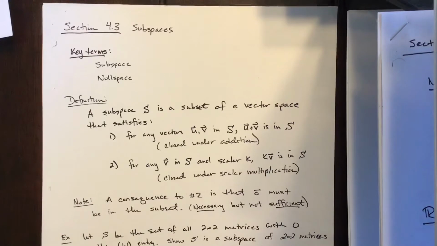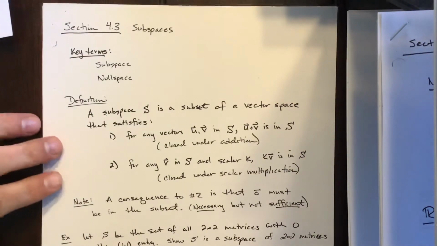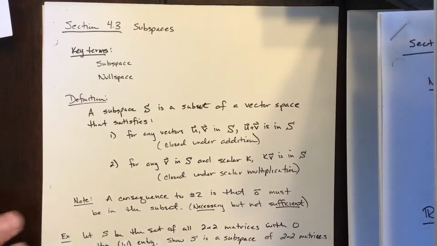And so if it's going to be closed under scalar multiplication, the 0 vector must be in the subset. Notice that this is necessary but not sufficient. Just because 0 is in the subset doesn't mean that what you're working with is a subspace. So those are the two requirements for a subset to be a subspace.